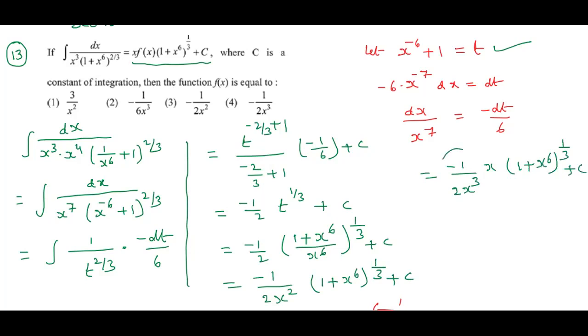So these values should be f of x. Therefore, f of x is equal to minus 1 by 2x cube. This is the answer. Which option is correct? Fourth option is correct. Students, all of you understood now?